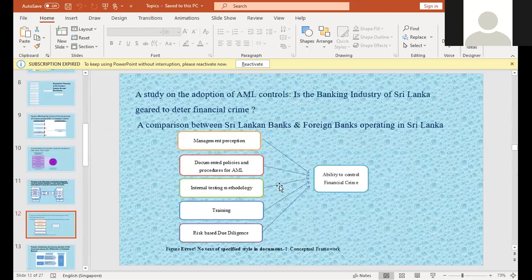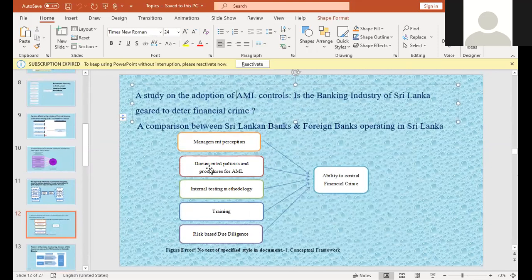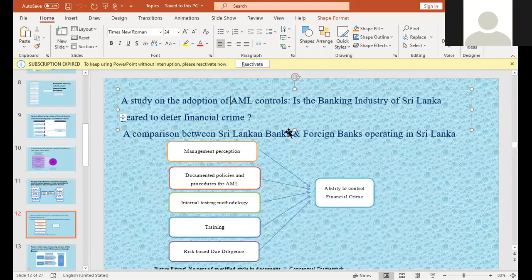Can you look at this here? AML stands for anti-money laundering. Okay, so we're looking at a study on adoption of anti-money laundering controls, and we want to see whether the banking industry of Sri Lanka is geared to deter financial crime.